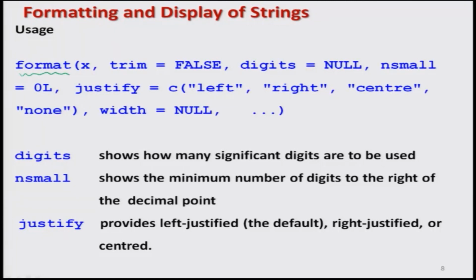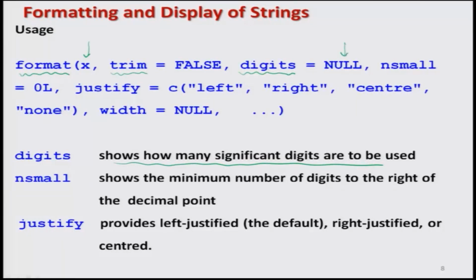The more detailed syntax of the format command is as follows. Inside the argument, we give different types of options. First, whatever you want to format is contained in the variable x. Then we have the option trim, if you want to trim the outcome. Next is digits, which controls how many significant digits are to be used. That depends on you, you have to specify it.